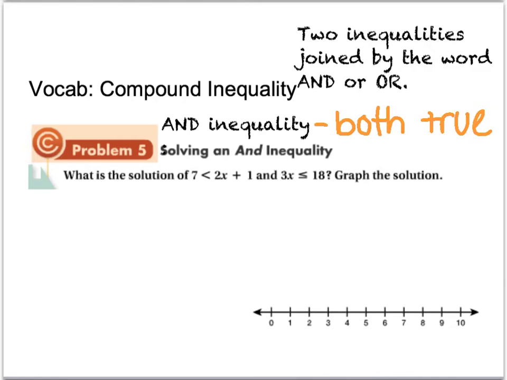What is the solution of 7 less than 2x plus 1 and 3x less than or equal to 18? This is a compound inequality joined by the word and. You just solve both inequalities separately. So start with 7 less than 2x plus 1.